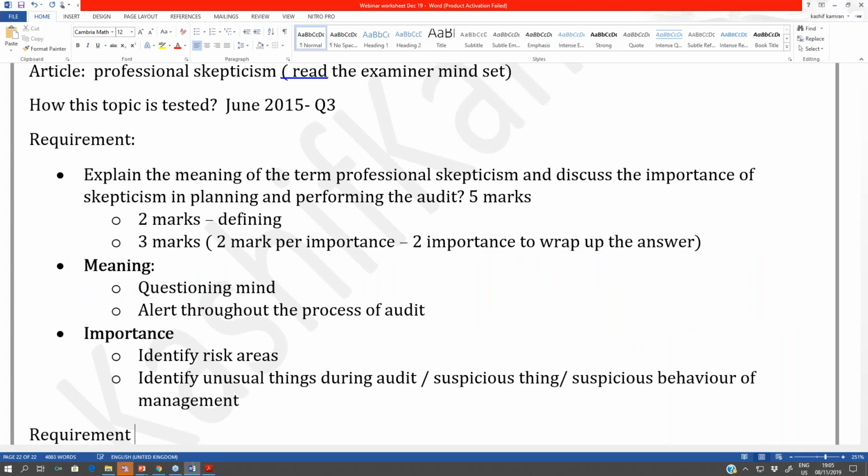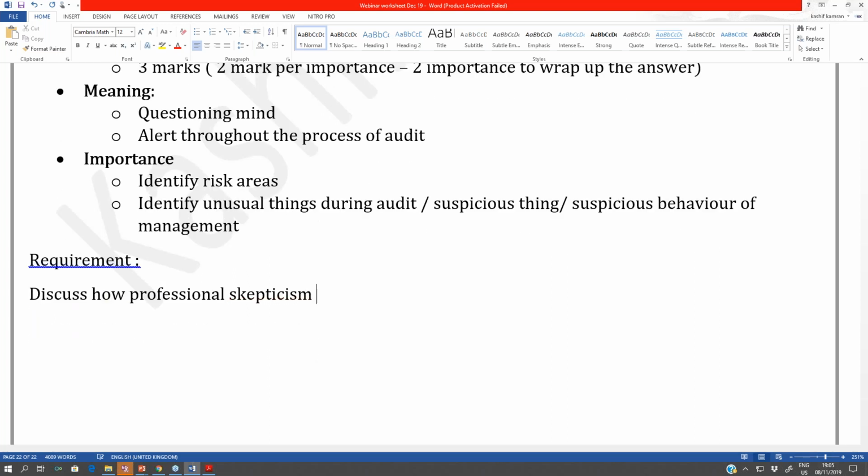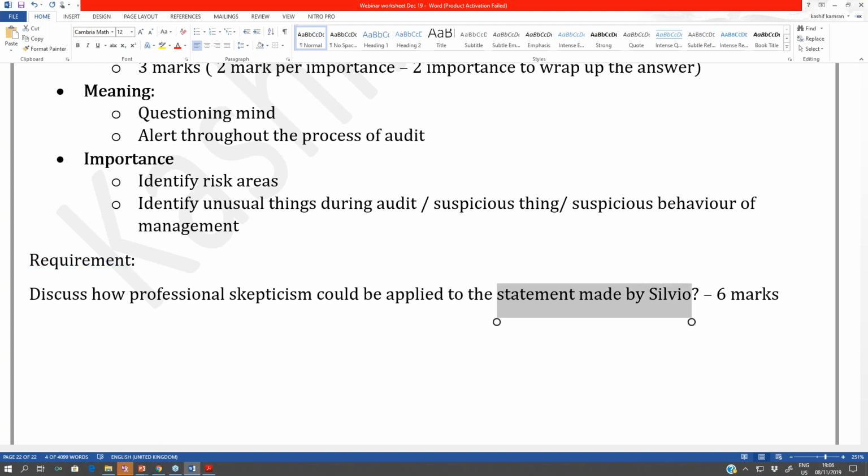The second requirement is saying discuss how professional skepticism could be applied to the statement made by Silvio. And the marks are 6. So now that means the statement made by Silvio is a case specific answer, and we need to discuss how professional skepticism could be applied.